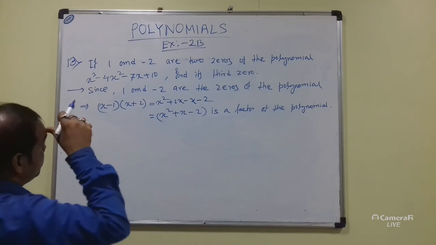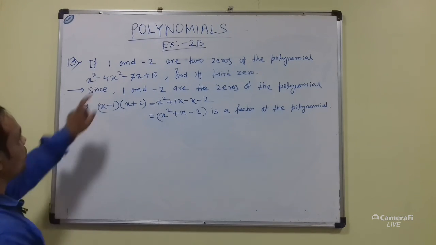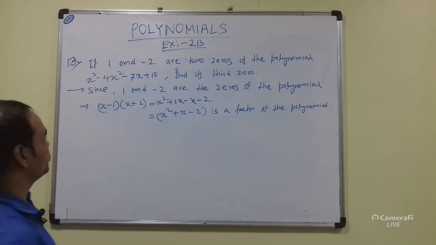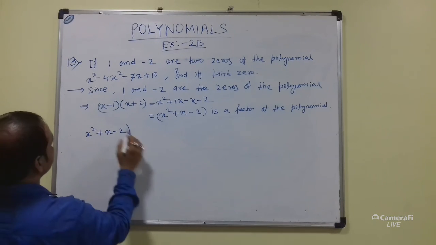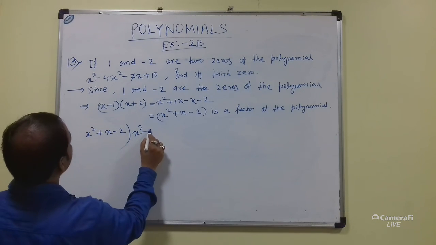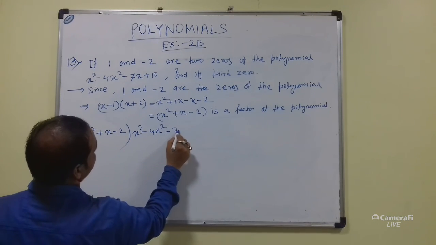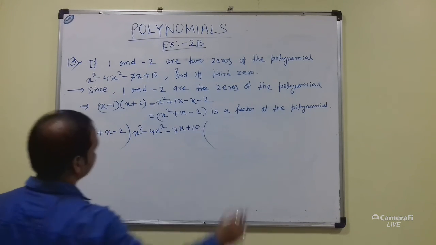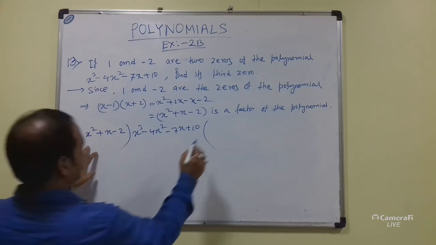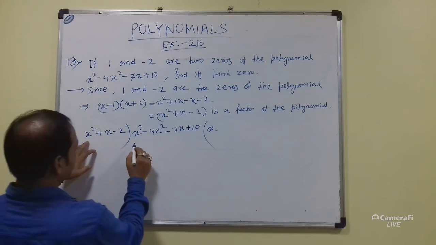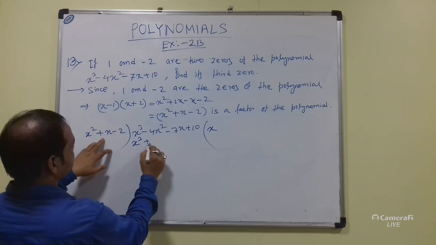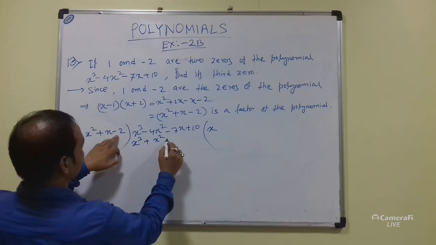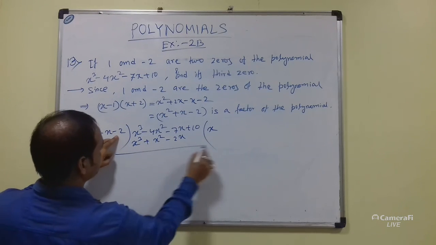Now after this we have to divide this polynomial by this polynomial. So x square plus x minus 2 into x cube minus 4x square minus 7x plus 10. If we take x, then it will be x cube plus x square minus 2x.